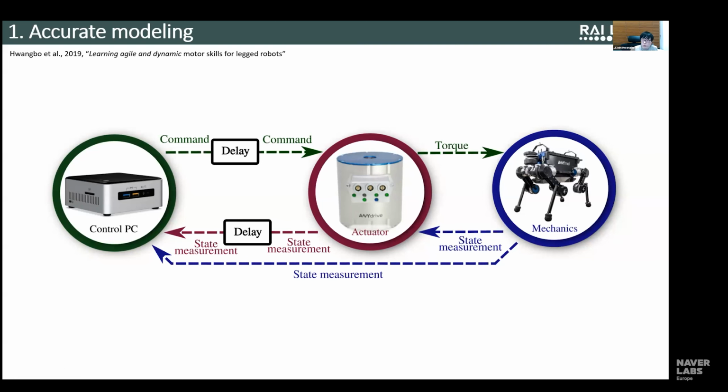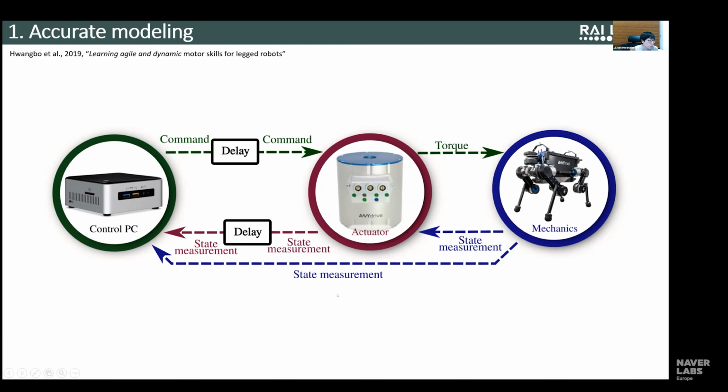I mean, we tried to model this, but it's actually a very complex system. The command has to go through these actuator dynamics, and then once the state changes, the measurement of the state is sent back to the control PC. With this information, it can compute the new actuator command using the policy network.